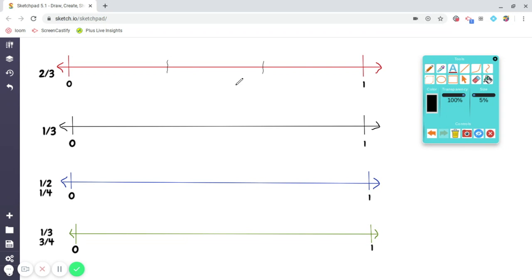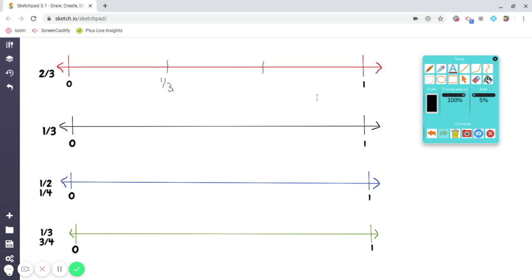So 2/3, if I look and start at 0 and go here, this is one section. So this is where 1/3 would be. Okay, and then 2/3 would be 2 sections, right? And let's see if I can just use this instead.